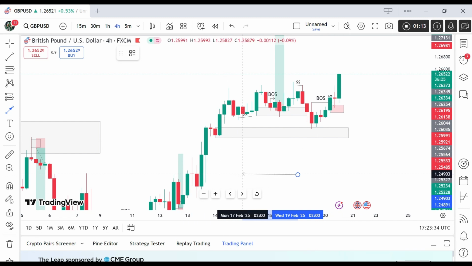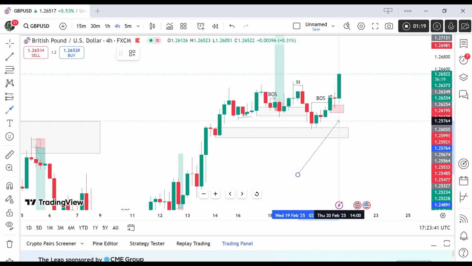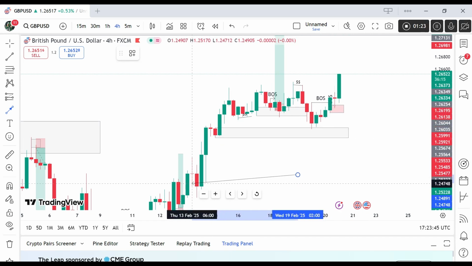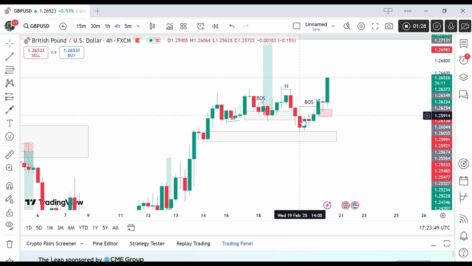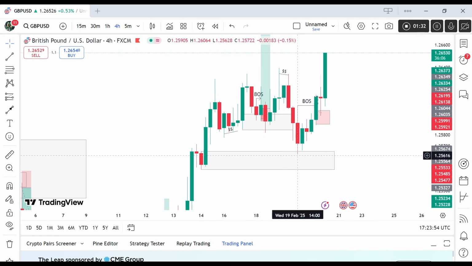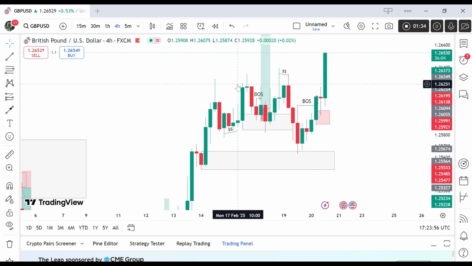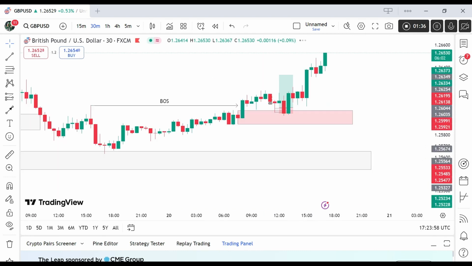So in my mind, I'm looking for confirmation that if price comes to this zone and this happens, I'll be sure to take a buy. But in case it breaks out, I'll be looking for my next buy in this zone. Okay, so as soon as price came into this zone, this was it. As soon as price tapped in, let's see on the 30 minutes.